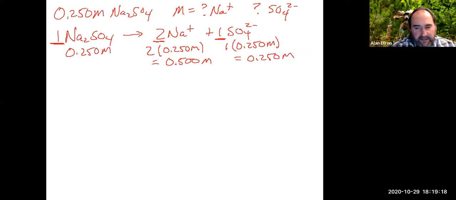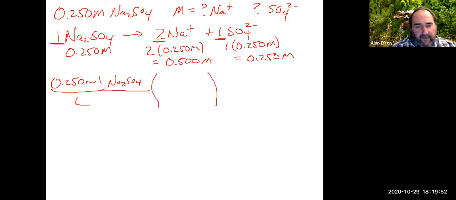So you can see when we look at ions and concentrations, they are not additive. Those two don't add to each other, but they are proportional. You may ask, how come we double it? What I just did is really the way you can do it: you multiply the original concentration by whatever the coefficient is when you break it apart into ions. The long version of this calculation is this: if we have 0.250 moles per liter of our sodium sulfate, we know that for every 1 mole of the whole thing, we get two sodium ions.